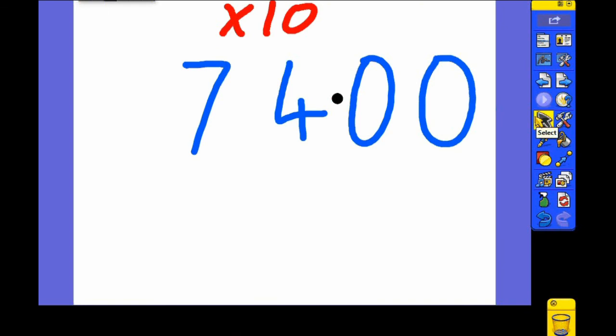So now, if we're wanting to multiply this by 10, we've got 74. Now it skips one place, and we've made 740 instead. So the same method applies, we just need to understand that when we're skipping and it looks like there's nothing there, well, what is nothing? It's 0. So technically you're skipping a 0.